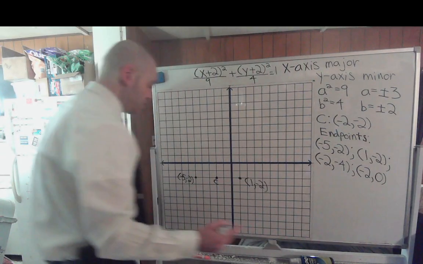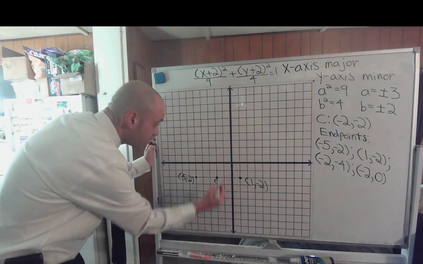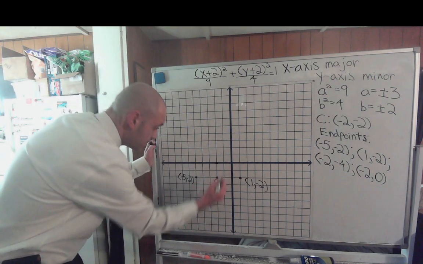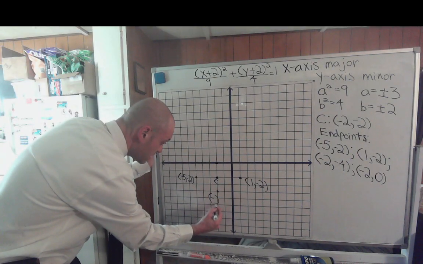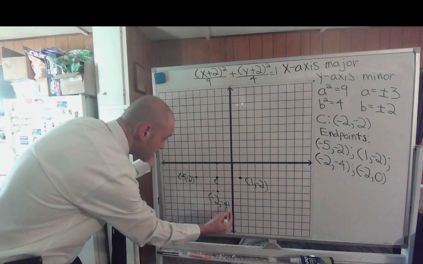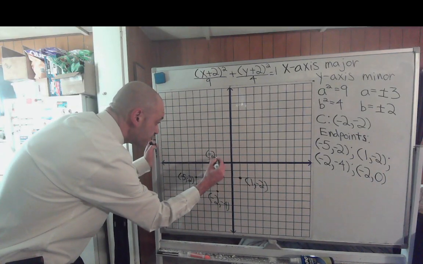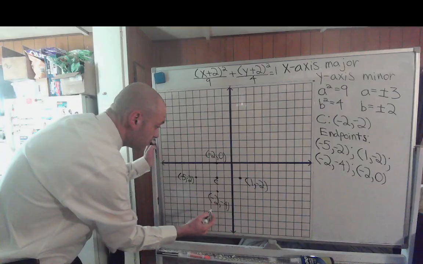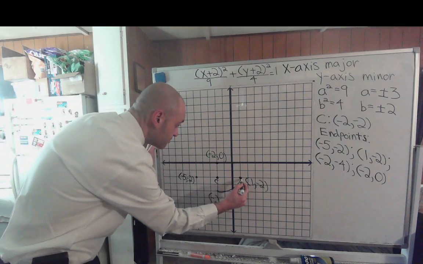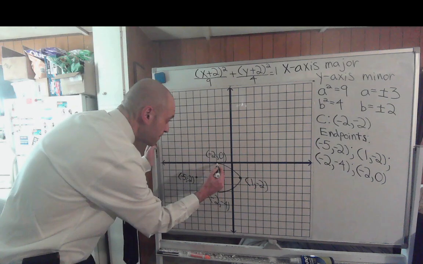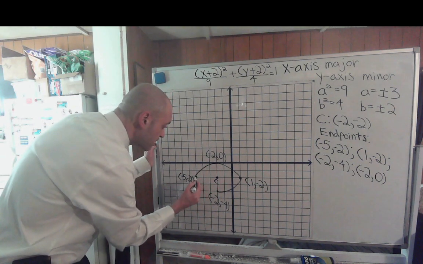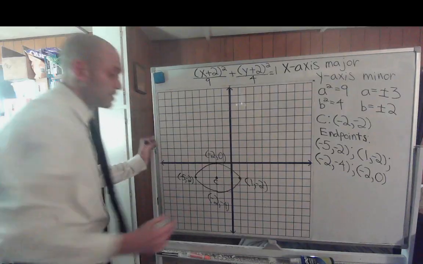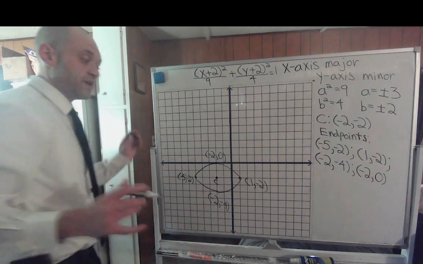So you have -2, -4, and -2, 0. So let's go ahead and draw this ellipse here. So there's the ellipse.